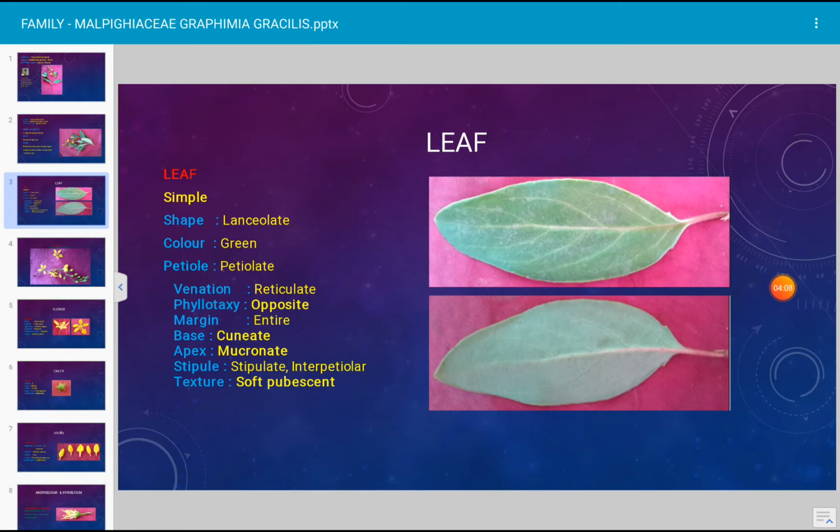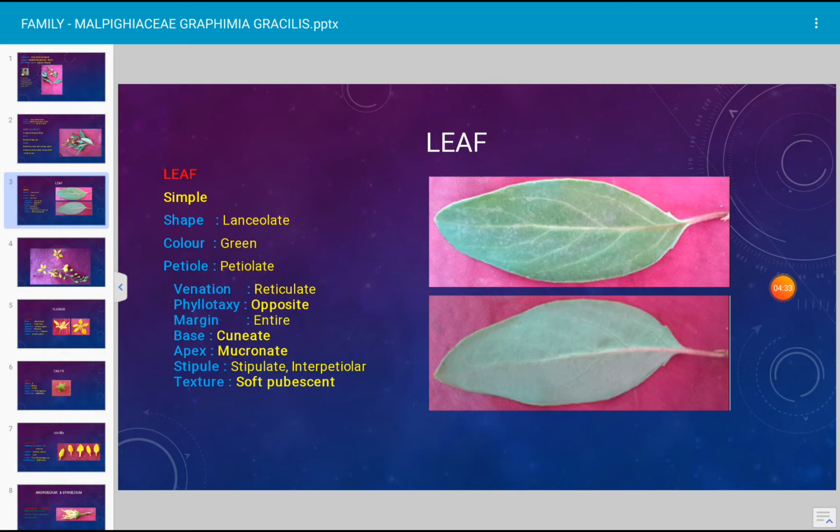And here stipule is present. What is stipule? It is a small leafy structure when it occurs at the base of the leaf, at the base of the petiole. It is called stipule, and in this plant the stipule is present. Hence the leaf is described as stipulate leaf.